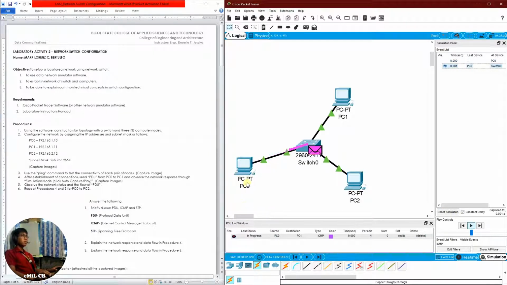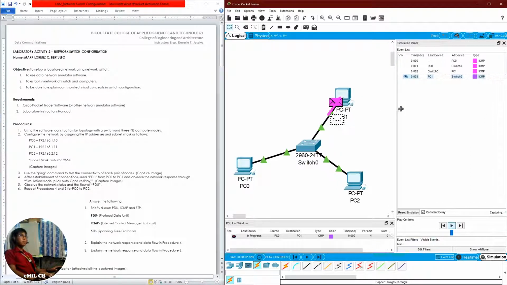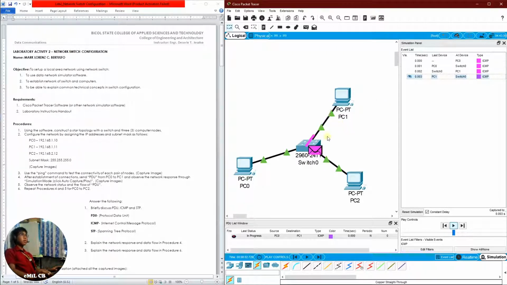PC0 sent it to the switch, and the switch sent it to PC1. It got a reply back to the switch and then back to PC0. The status says it is successful, in only 4 milliseconds.